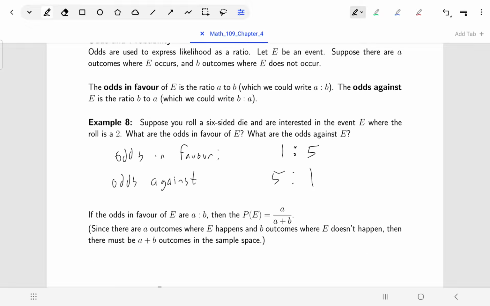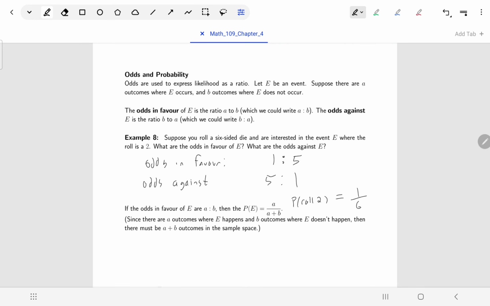Now, when you're talking probability, if you said the probability of rolling a 2, you'd say the probability is 1 out of 6. That's because for probability, we're mentioning not just how many success options there are, but how many options in total. For odds, it's how many successes, how many failures, or how many failures, how many successes.